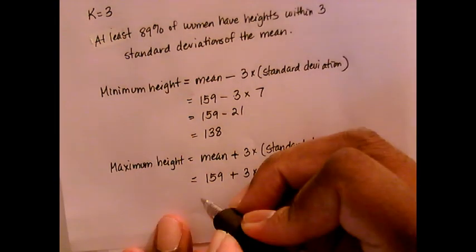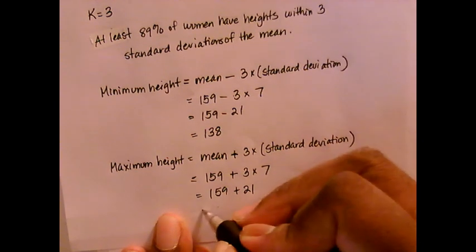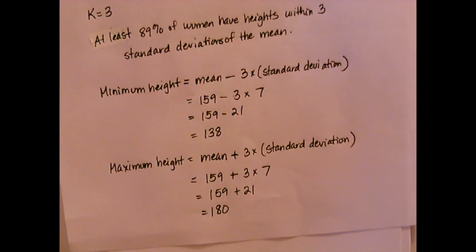So now you've got 159 plus 21, which would be 180. So your maximum height would be 180 centimeters. So the minimum and the maximum heights that are within 3 standard deviations of the mean would be from 138 centimeters to 180 centimeters. Okay? So that's how you find your maximum and your minimum height in this particular problem, using Chebyshev's Theorem.